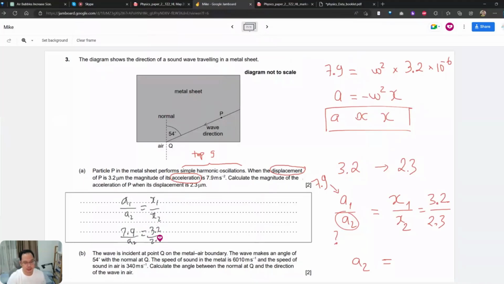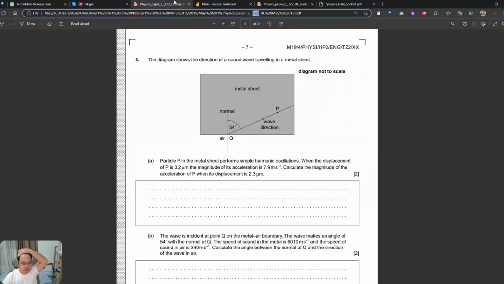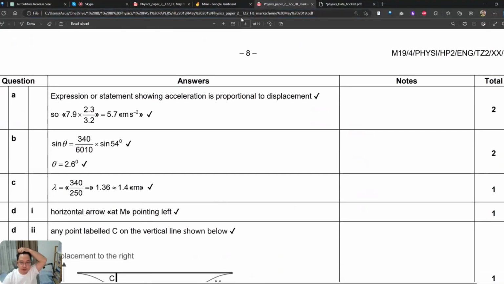Just use the proportionality. Mention in one sentence that the acceleration is proportional to the displacement, or write the formula a equals omega squared times x. So a2 will be 5.7. Yes, 5.7.